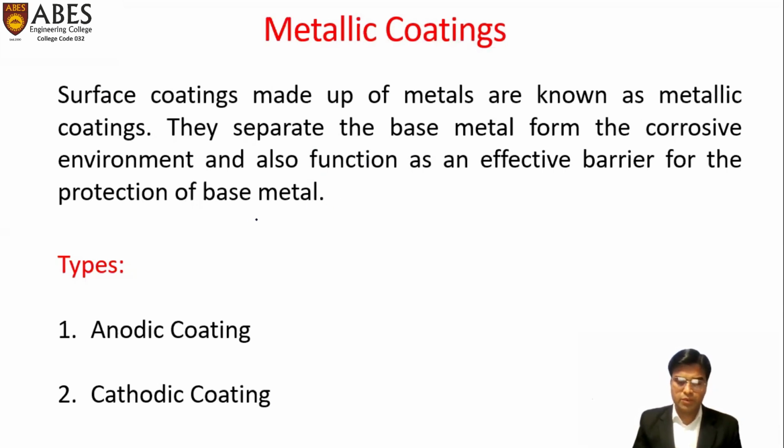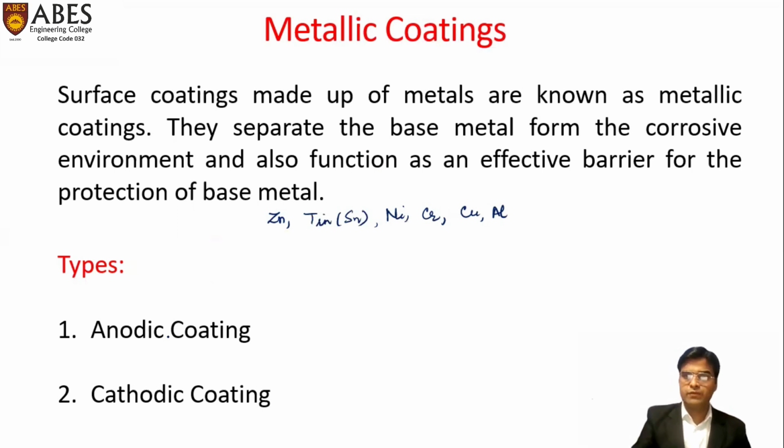So we can use several kinds of metals here like zinc, tin, nickel, chromium, copper, and aluminum also. Now, the metallic coating itself has two types, the anodic coating and the cathodic coating. So we shall discuss them one by one.